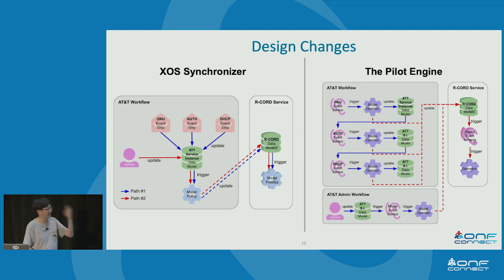In that case, for example, the administrator wants to forcefully disable or enable an ONU device. So there are two execution paths. And in the pilot engine, we want to break down those two, because they are conceptually separated. So the answer is two.